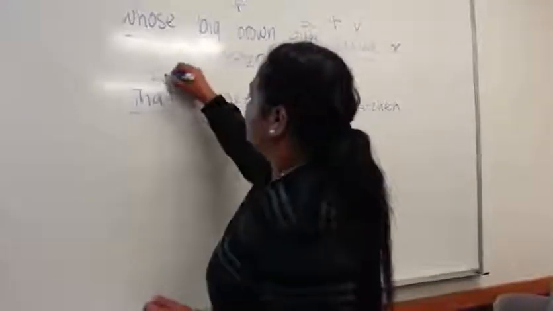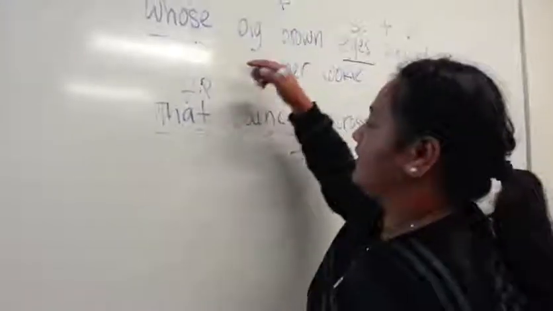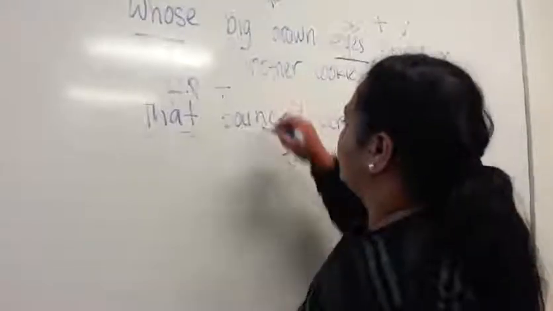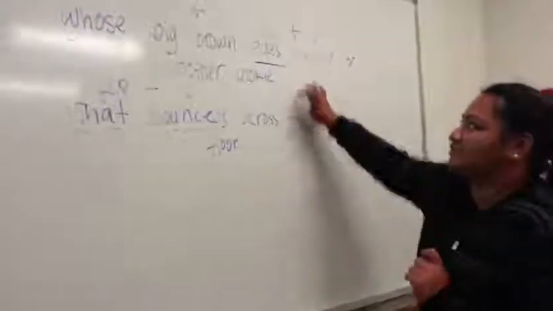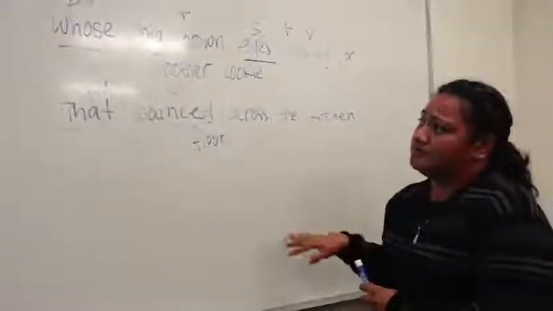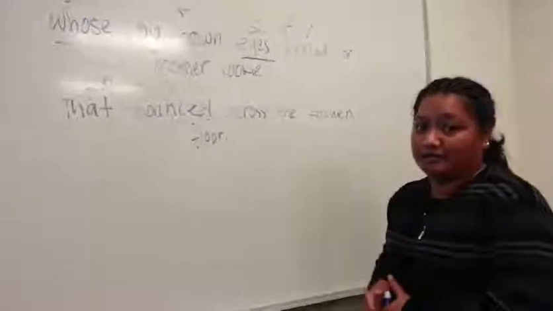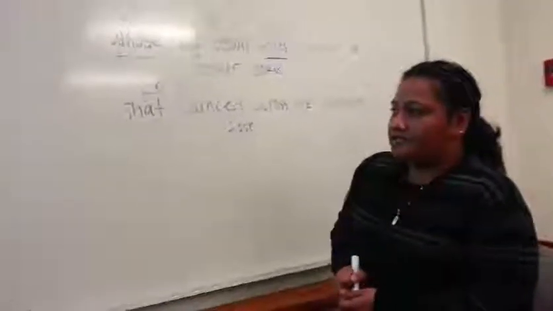So the relative pronoun, as I mentioned before, in the other pattern goes together with the verb bounce. Okay, so these are the two patterns that I've explained before.